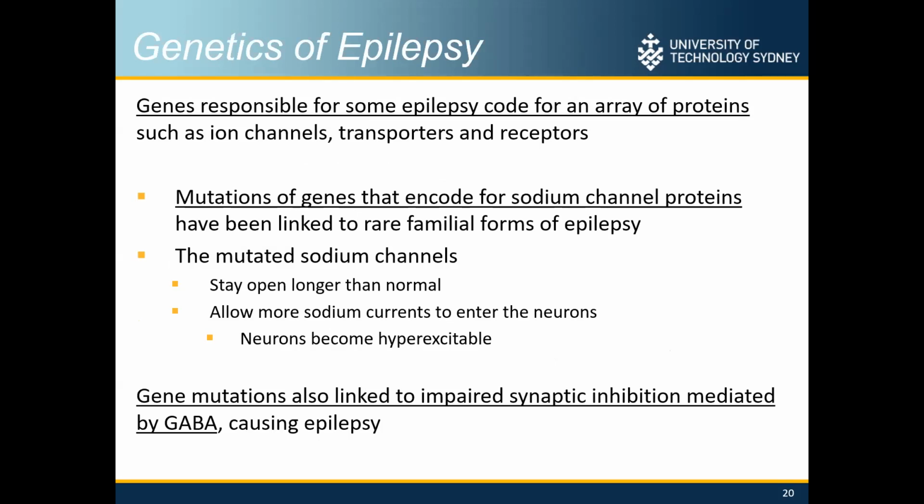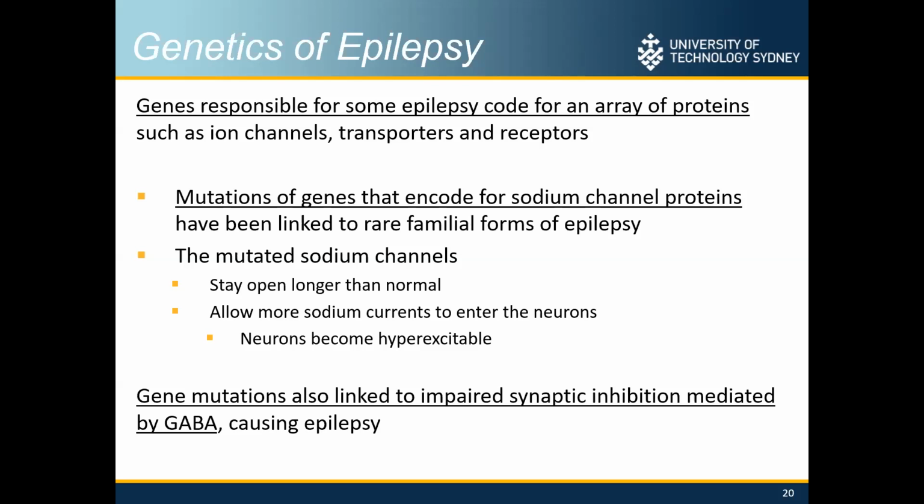And in this case, what they've shown is that usually patients with a high risk of developing epilepsy would have mutations of genes that encode for sodium channel proteins. So if you guys have linked it back to the introduction lecture that we have, we know that sodium ion channels contribute to the change in membrane potential within a neuron by allowing sodium ions to flow into the cell, which makes the cell more positive.